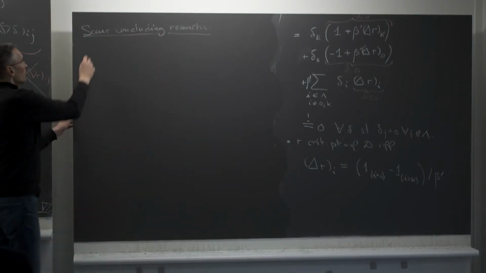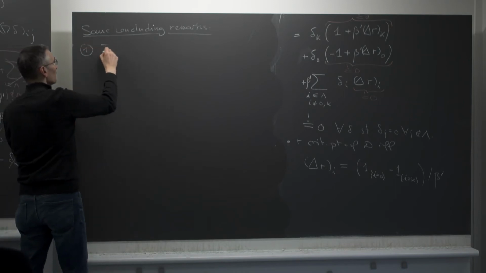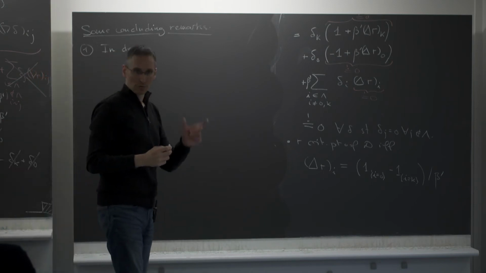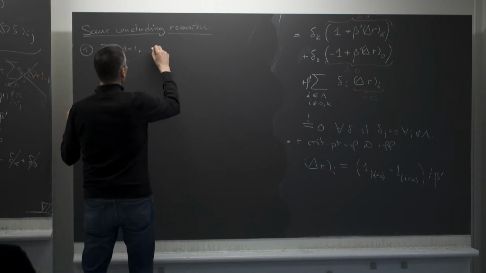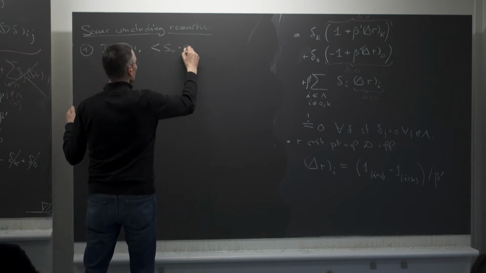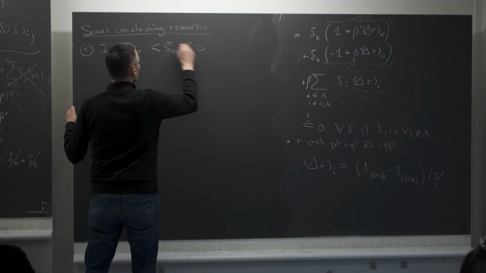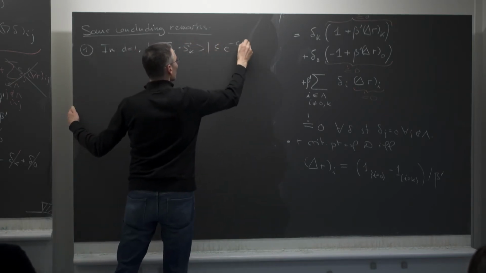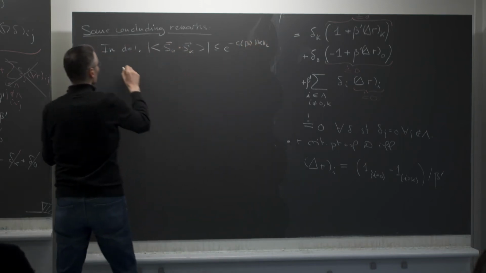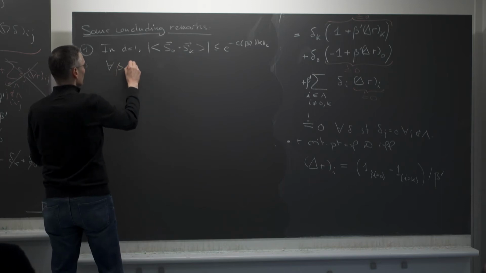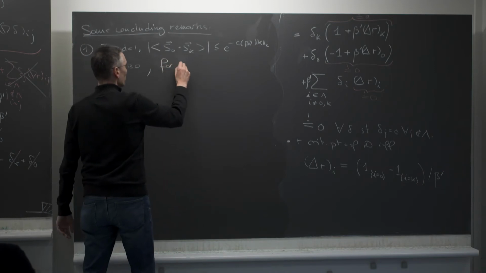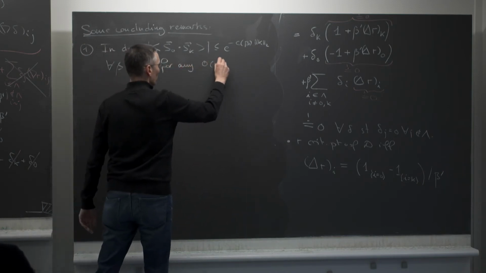Okay. So first is that in dimension 1, it's easy to prove that the decay of the two-point function is exponential always. So S0 Sk is smaller than e to the minus C, which depends on beta, of course, times k, for all beta, for any ON model.